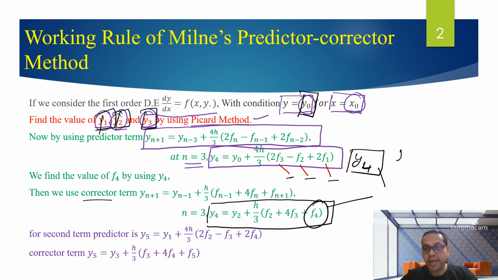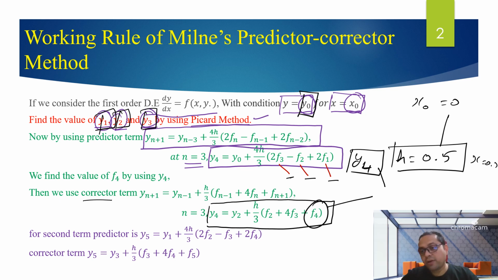If h is equal to 0.5 and x0 is equal to 0, then by using the first step we get y4 when x is 0.5. Again, if we use this process, then we will be at y at x value 1, because 0.5 plus 0.5 is 1.